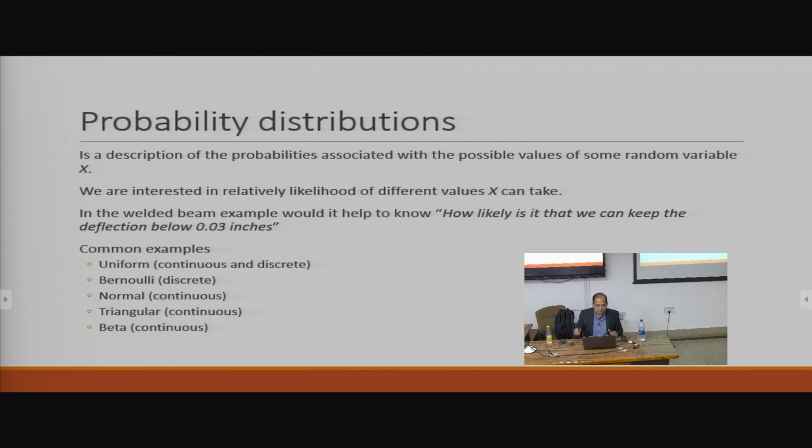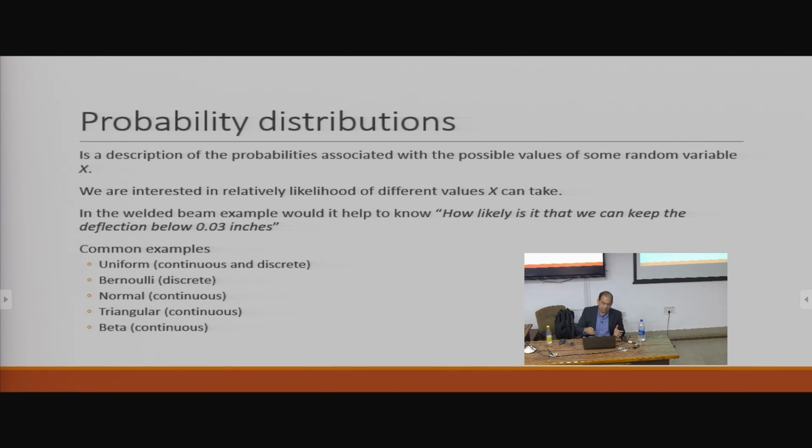Hang on, sorry, I have the wrong slide there. So in the Weldon beam example that we did in the last class, we can ask how likely is it that we can keep the deflection below 0.03 inches? Let's say at a certain deflection, the system fails. Well, of course, it's good to know what the likelihood of that happening is.